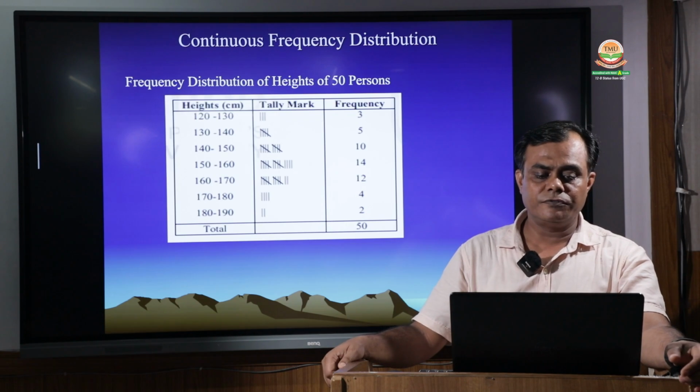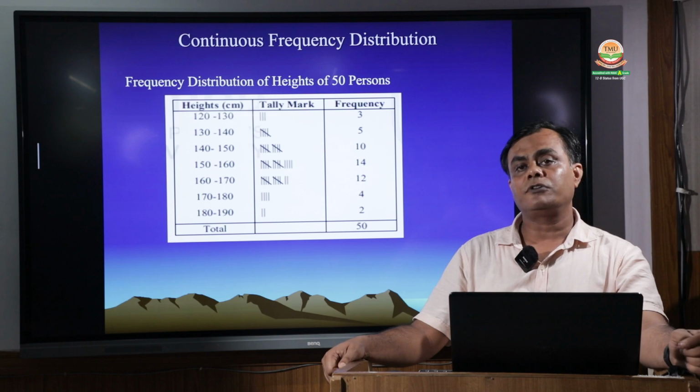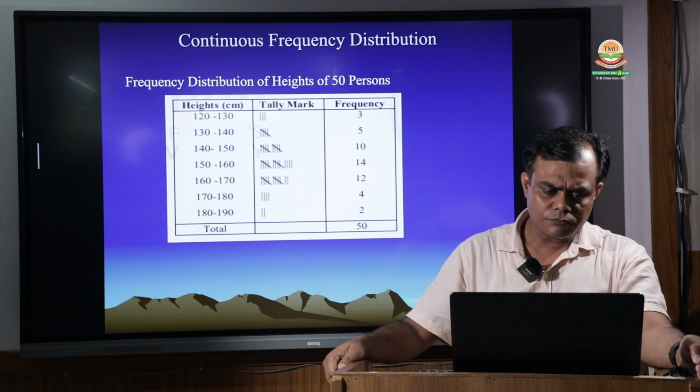Here, in this continuous frequency distribution, we have the height of 50 persons.